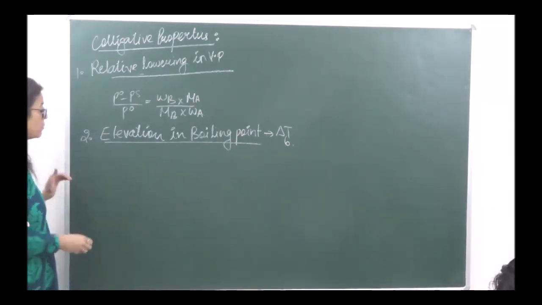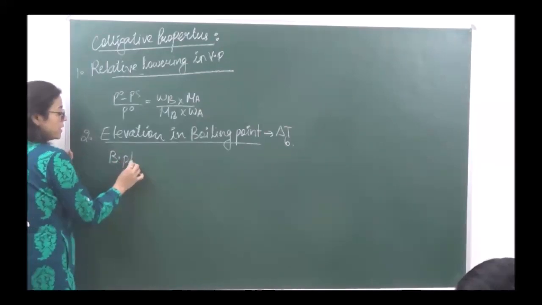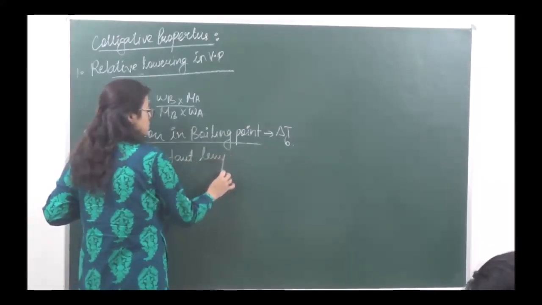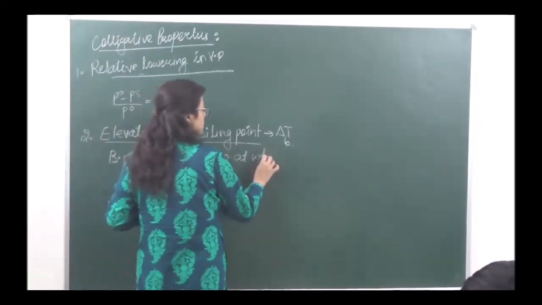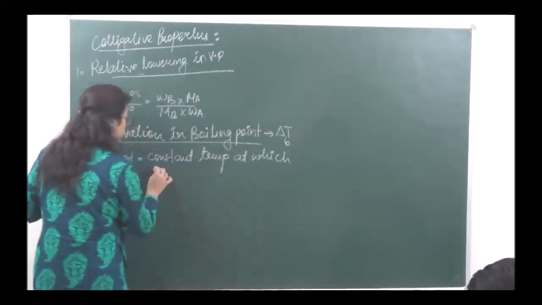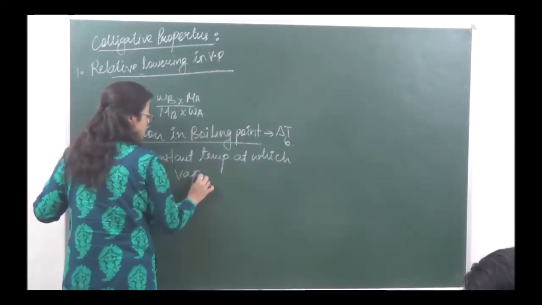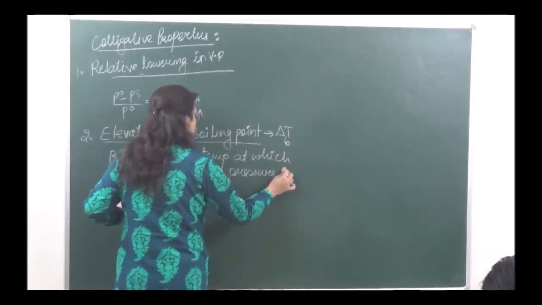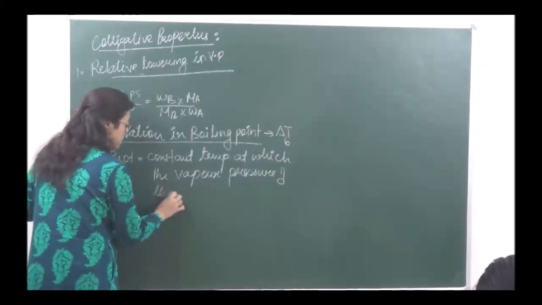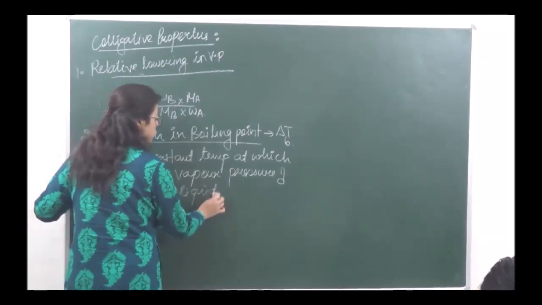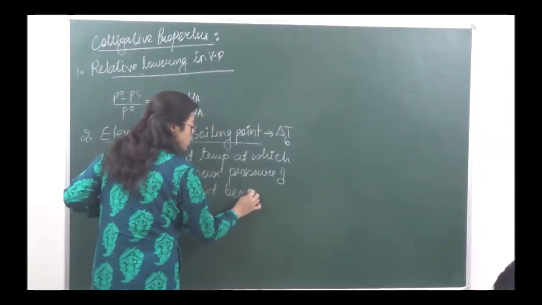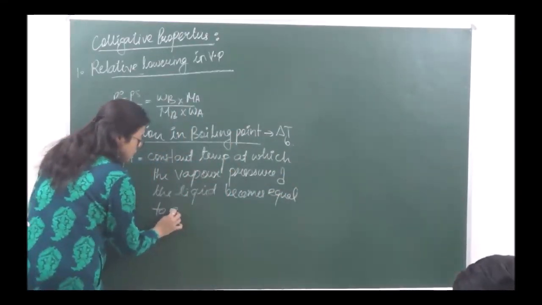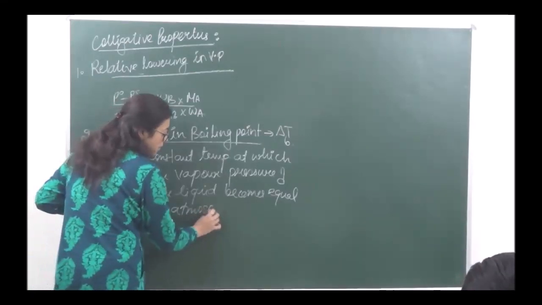What is first of all boiling point? When we define boiling point, it is the constant temperature at which the vapor pressure of the liquid becomes equal to atmospheric pressure.